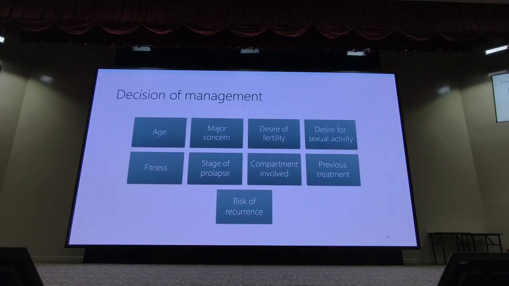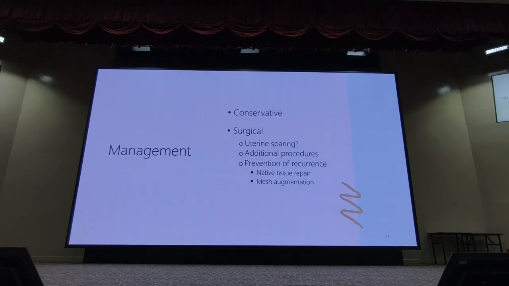And again, whatever plan you are going to do, you need to assess the risk of recurrence. So basically, this is how you're going to approach, whether you are giving a short essay, CPC, or even clinical exam. Conservative versus surgical.